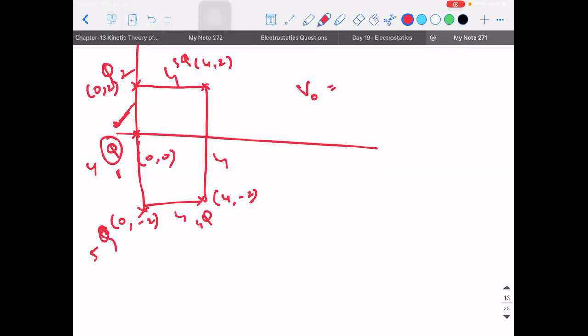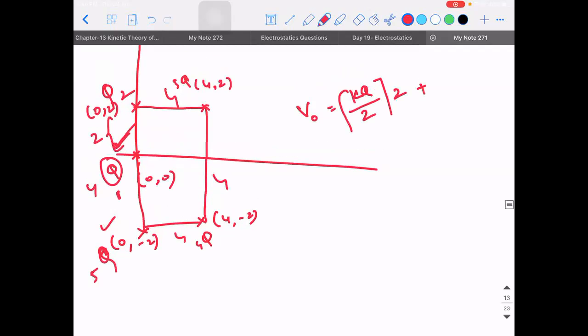So V naught, can you guys tell me how much is it going to be? KQ divided by, in the distance it is 2. So like that, how many 2's are there? 2 plus KQ divided by, what is this distance, guys?